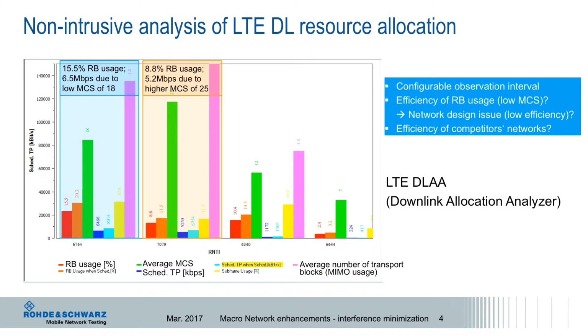If you look at the adjacent user, marked red here, he consumes only 8.8% of the resource blocks, but he can generate pretty much the same data throughput, 5.2 megabit per second here. The reason for this is a very high average modulation and coding scheme of 25. You see here this higher green bar. And all this the network scanners can do by only passively listening to the mobile network. This is very important.